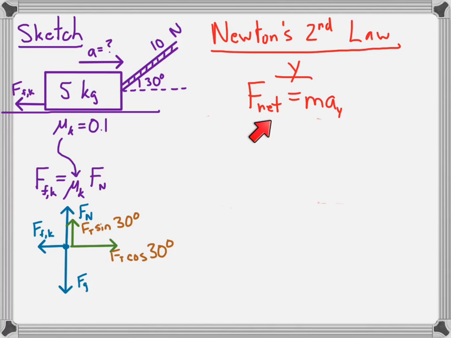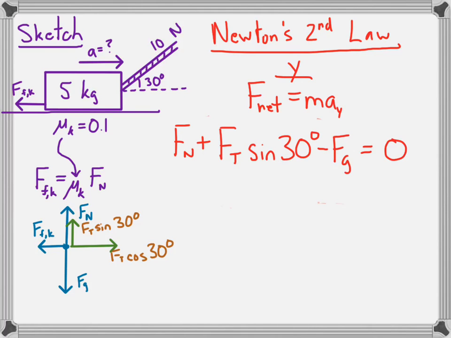So to write F net in the y direction, I need to add up the normal force plus the y component of tension force plus gravitational force, which is pointing downward. So I have normal force plus the y component of tension force minus gravitational force equals 0.